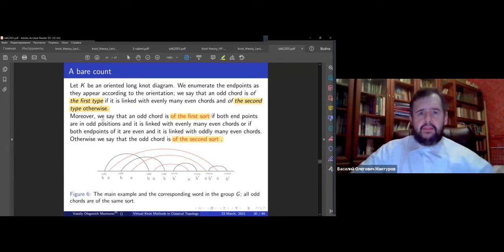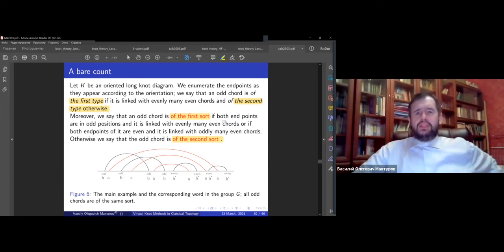So I use one bit of information, but now I use sort, which means that I use 2 bits of information and take their sum mod 2. Here is the word I want to associate to that.